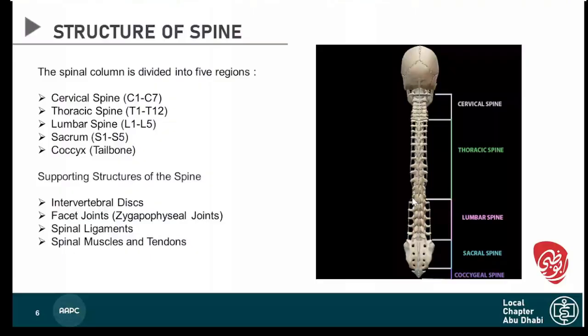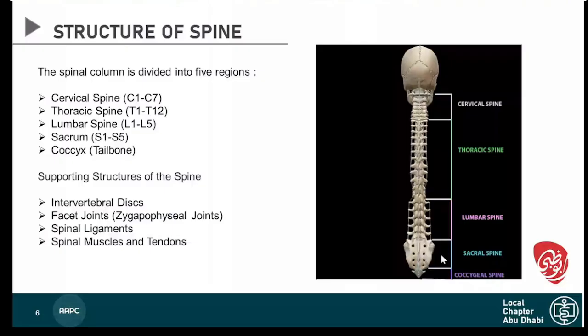Next, we are going to see the structure of the spine. This spinal column is divided into 5 segments. What are the 5 segments? Cervical spine, thoracic spine, lumbar spine, sacral and coccygeal spine.